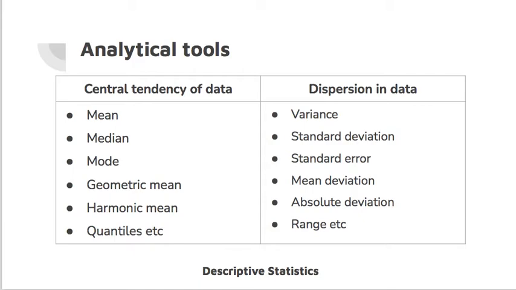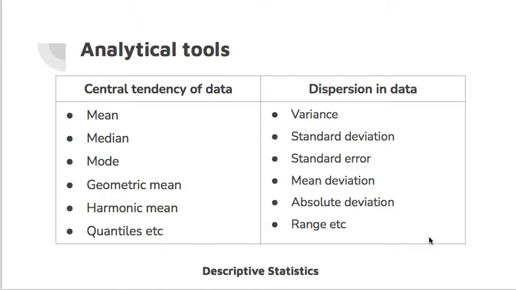So there are two aspects, as I said: central tendency and measures of dispersion. You have to choose the appropriate tool from the list. Similarly, if you want to study the nature of variation in the data, you have to choose the appropriate tool. As I said, use appropriate graphics in the graphical tools, and also in analytical tools, use the appropriate measurement, central tendency or measures of dispersion.